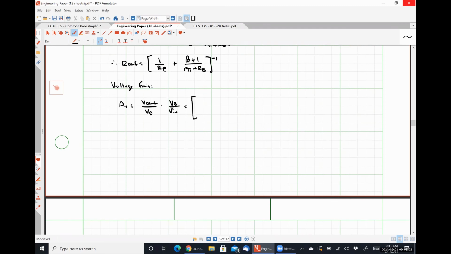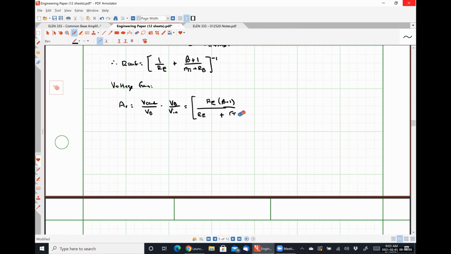Well, V out over VB was RE over RE plus R pi over beta plus 1. Okay. What I'm going to do just real quick here is I'm going to multiply the numerator and denominator by a factor of beta plus 1, which is going to give me beta plus 1 right here.